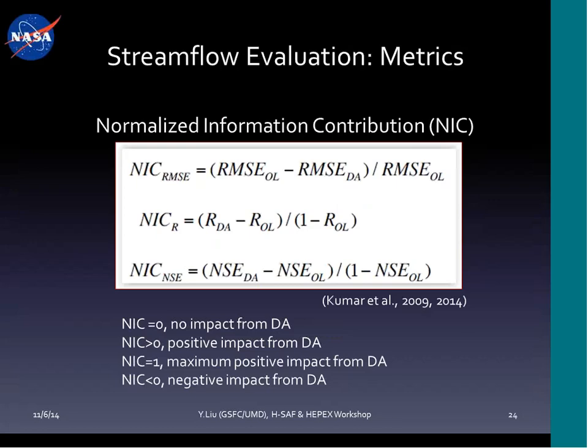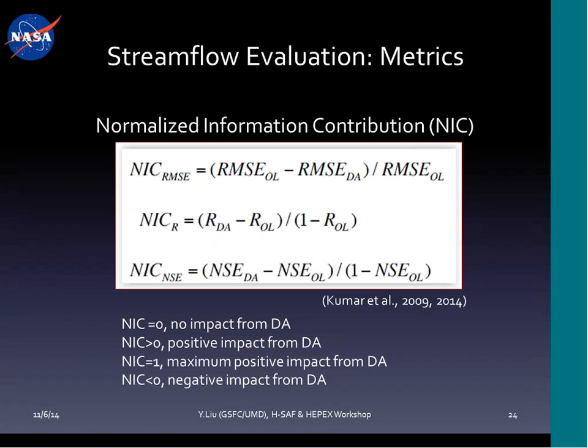So for Streamflow evaluation, we were looking at primarily what we call the normalized information contribution for three metrics: the root mean square error, correlation, and Nash-Sutcliffe efficiency. So basically, it's just taking the difference between the DA and the open loop and normalizing by the open loop.